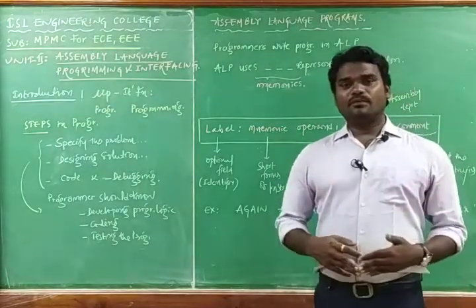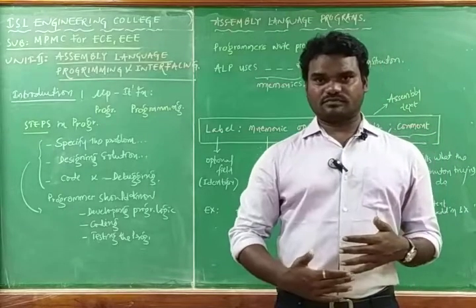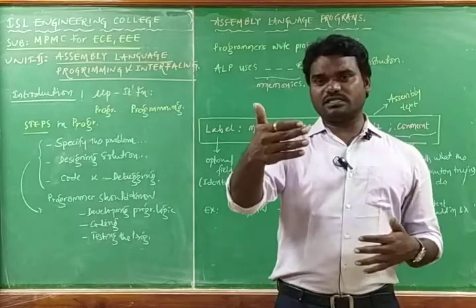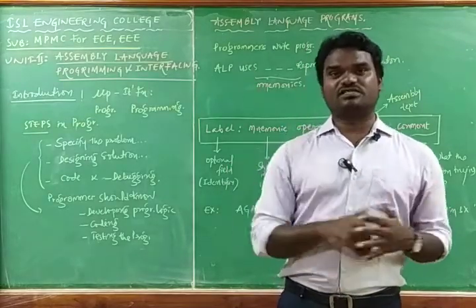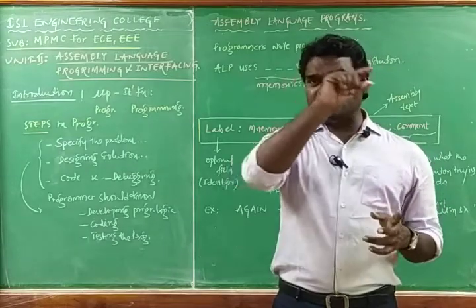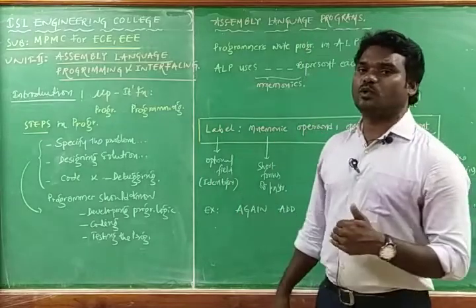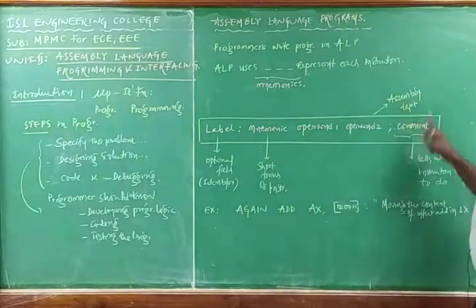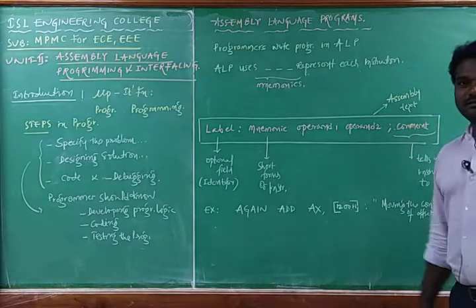And we know that a program is nothing but a set of instructions. Step by step, the processor is going to execute some set of instructions. Each line in the assembly language program is named as an assembly text.